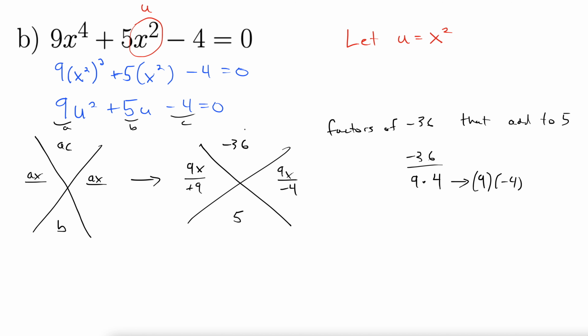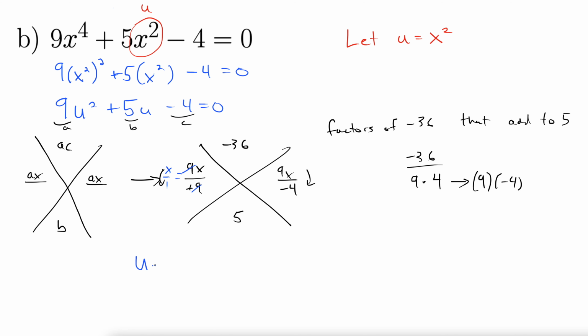Simplify that down. These cancel, so this is really just x over 1, and then that gives us our factors. We read from the top down like so. So the factored form of this is, so I wrote it in terms of x, but really we're dealing with u's here, so I'll switch back to u's.